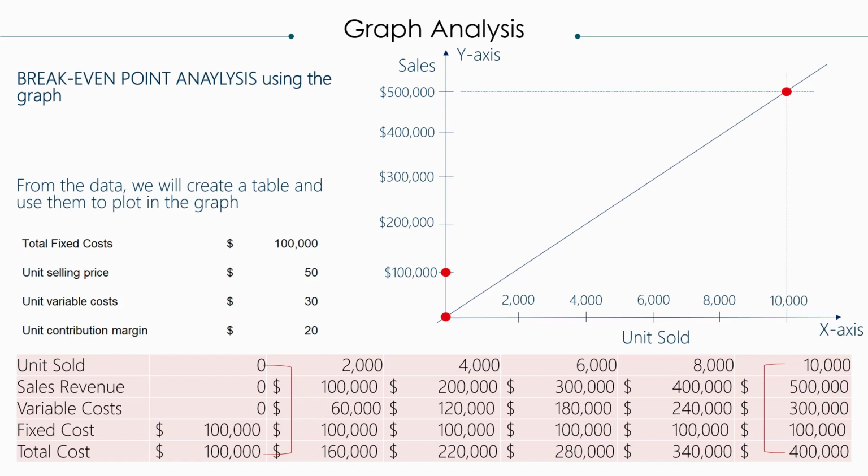And we will get another point to create a new line. So I'm going to use the 10,000 units sold and the 400,000 total cost. So here is the second point, and then I'm going to connect these 2 points to create another line.